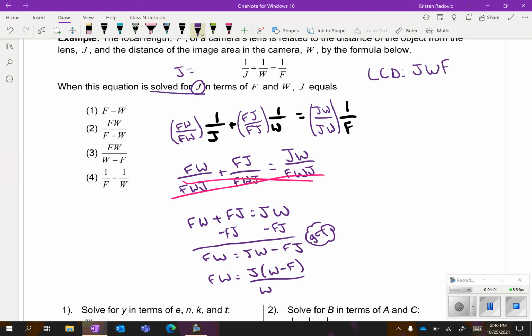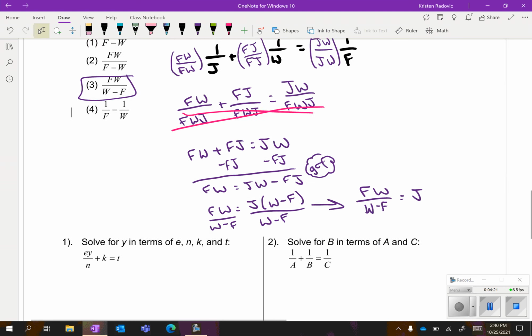So this is going to be divided by W minus F. And that leaves us with FW over W minus F is equal to J, which would be choice 3.